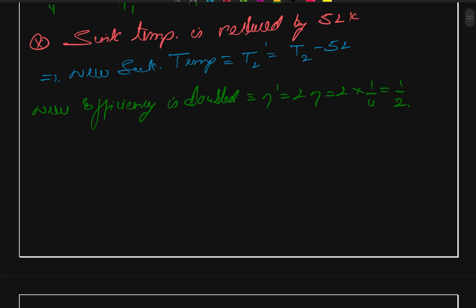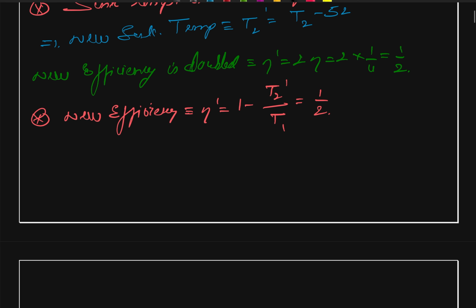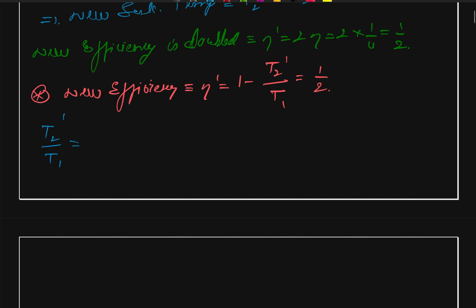Now we can use once again the formula for efficiency with respect to the temperature. The new efficiency η prime is equal to 1 minus T2 prime upon T1, and efficiency is 1 by 2. Therefore T2 prime upon T1 will be equal to 1 minus 1 by 2, which is 1 by 2.